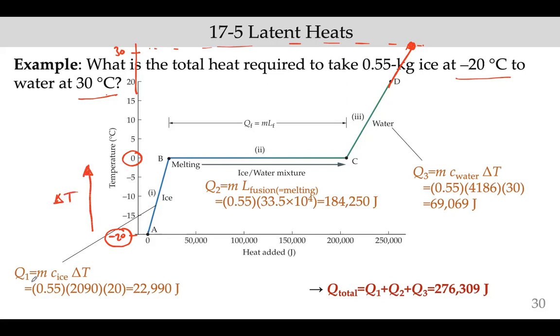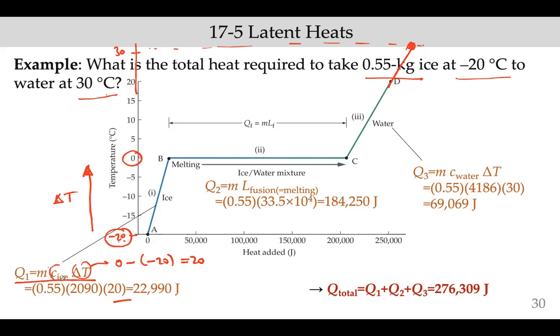So when you change the temperature, you use this equation. We learned this equation in chapter 16. This is the heat required for this mass of ice to raise its temperature from negative 20 to 0. So the final temperature is 0. So this is delta T. Final is 0, initial is negative 20, so the change is 20, which is here.